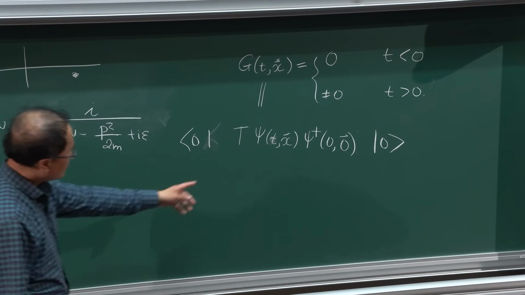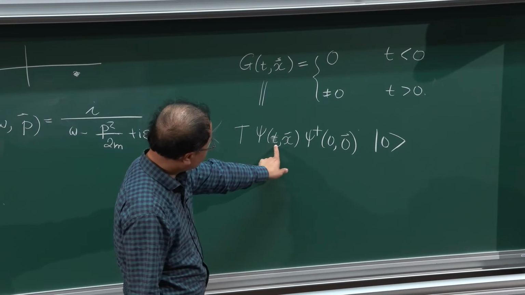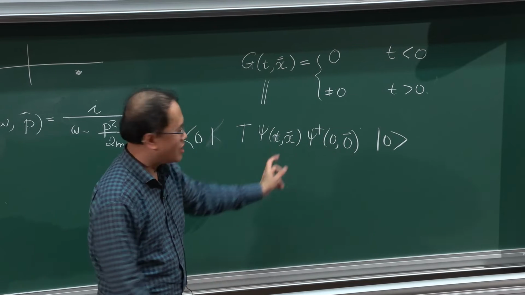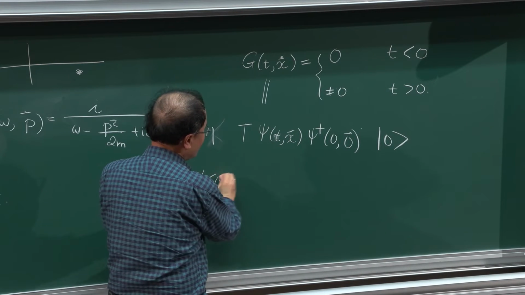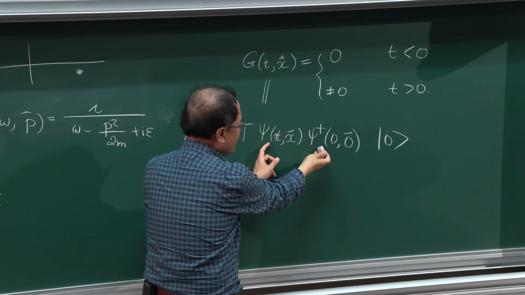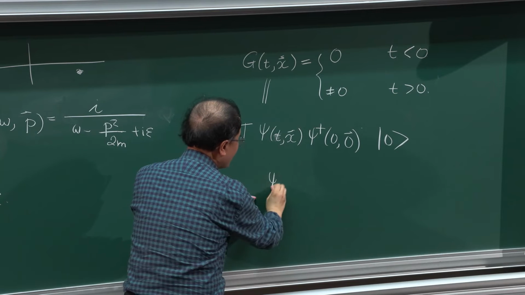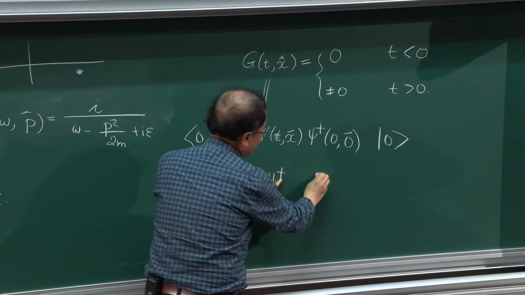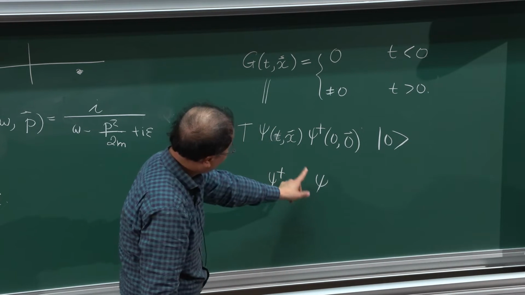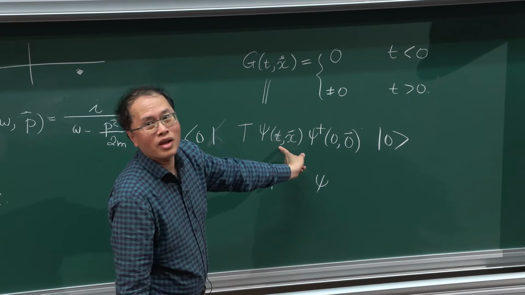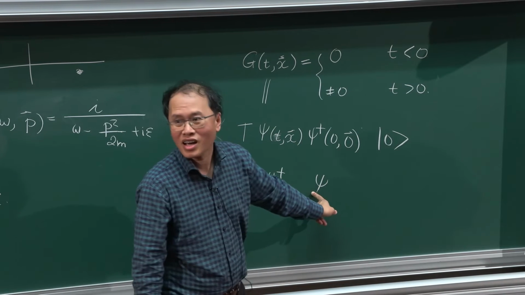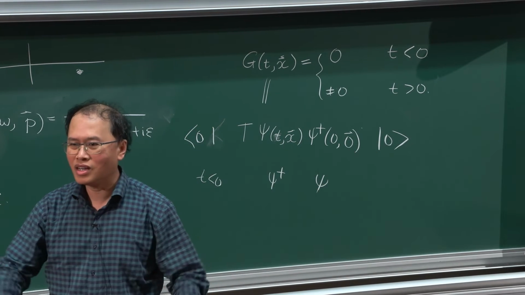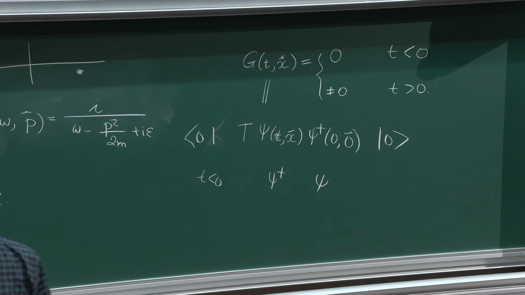If the time is larger than 0, this is non-zero. But if the time is less than 0, time ordering means that we have to take the operator psi dagger and put it in front of the operator psi. And we have already said that the operator psi acting on the vacuum is 0, because in non-relativistic field theory, the operator psi contains only annihilation operators.